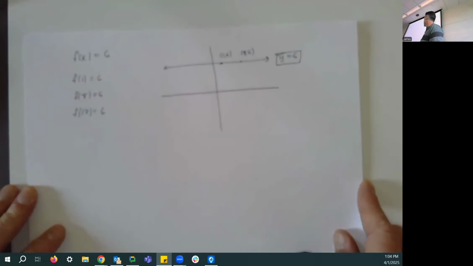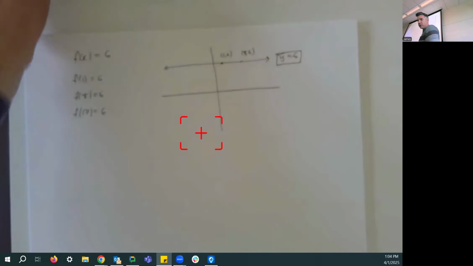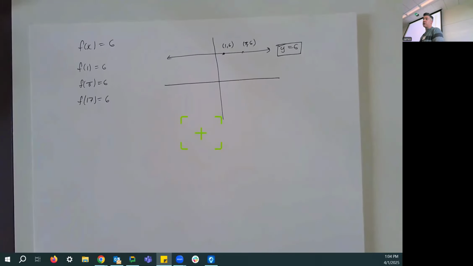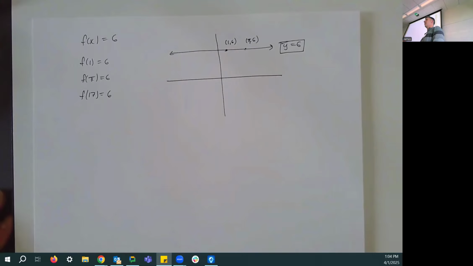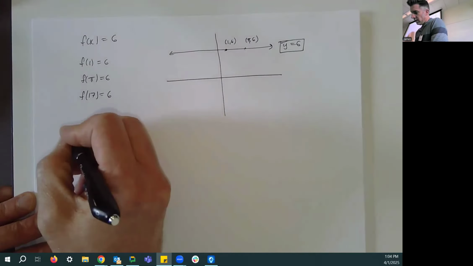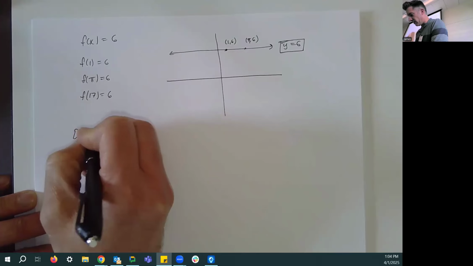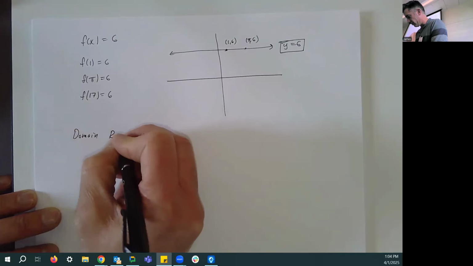So, those are some functions that don't have any domain restrictions, but then there are functions that do. And in my mind, there are 3 types of functions that have domain restrictions. Well, technically there's 4, but there's only 3 we're going to worry about right now.